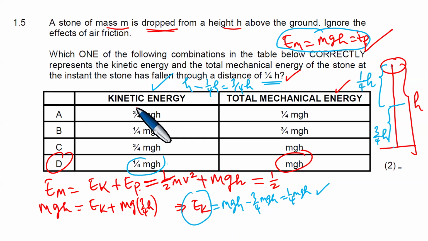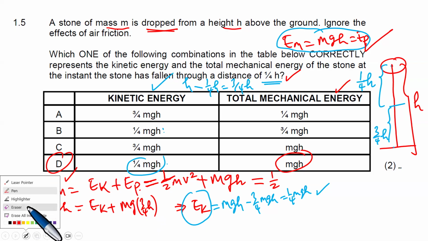See, they brought the trick. The trick in this question is that kinetic energy is not given as mgh, because kinetic energy should be half mv squared. So, what is mechanical energy? Mechanical energy is EK plus EP.